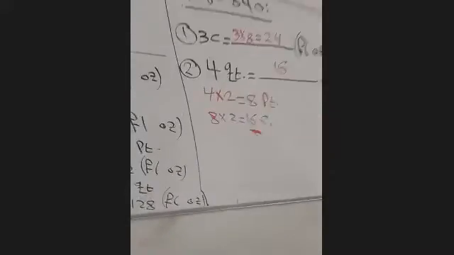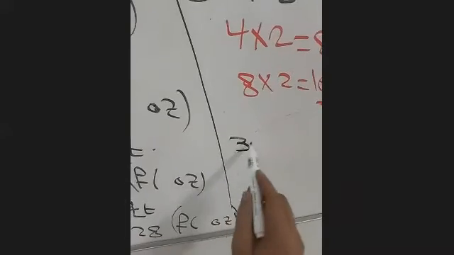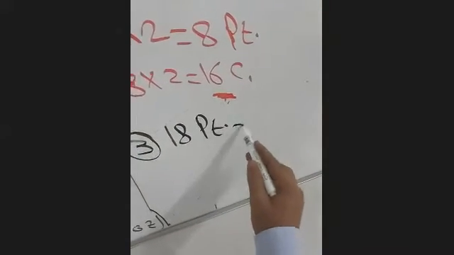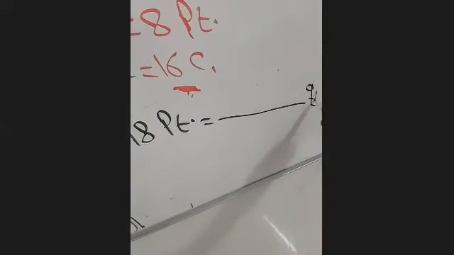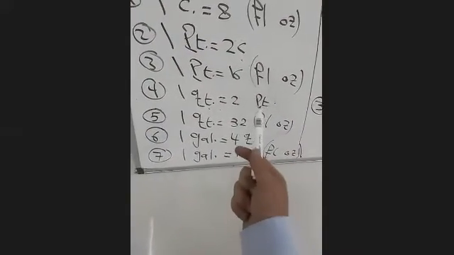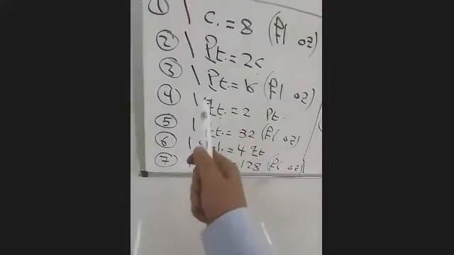Question 3. We want to turn from pint to quart. 18 pints, how much in a quart? Where is the formula between pint and quart? Number 4. I want to turn from pint to quart.